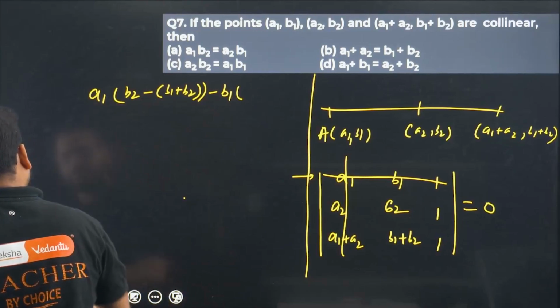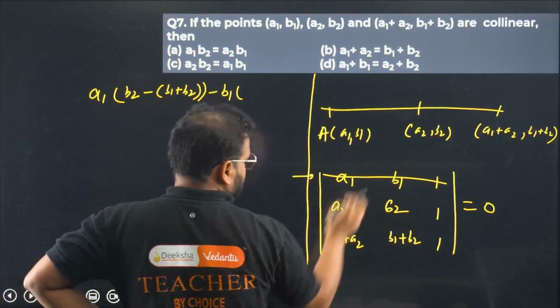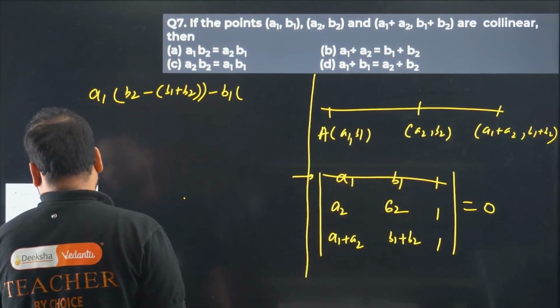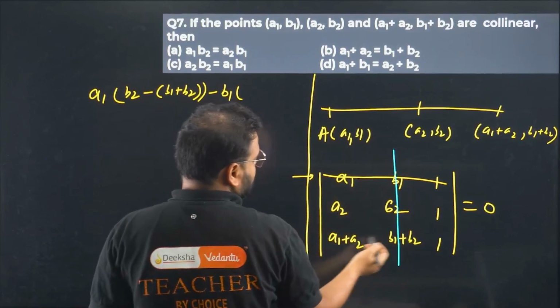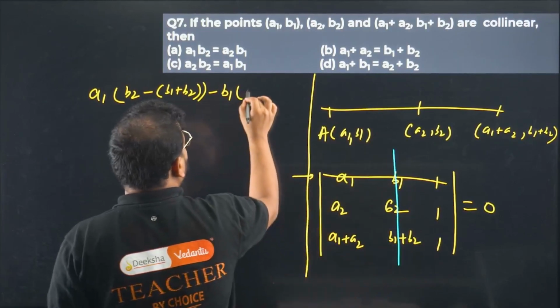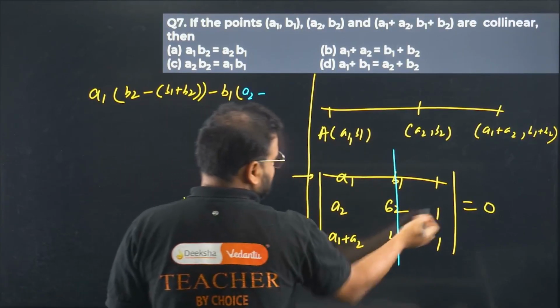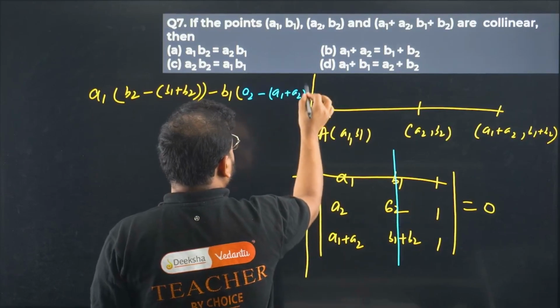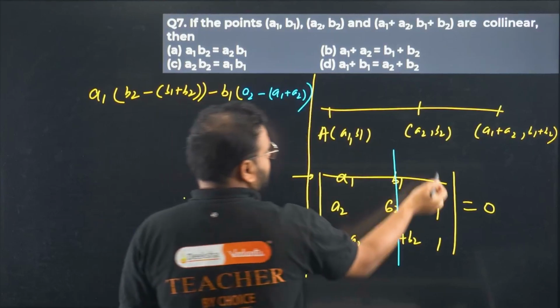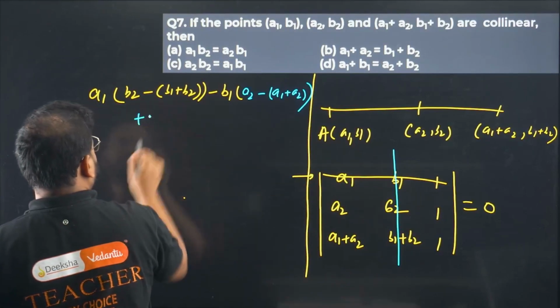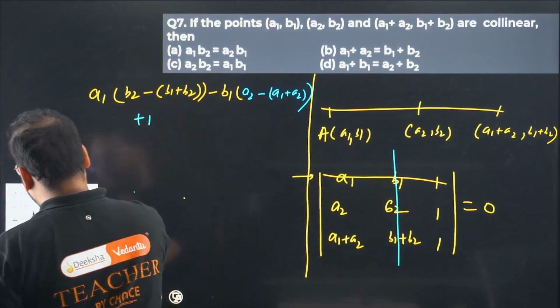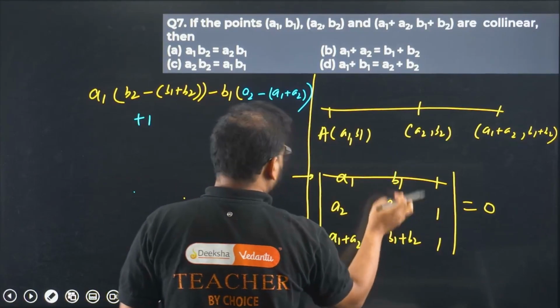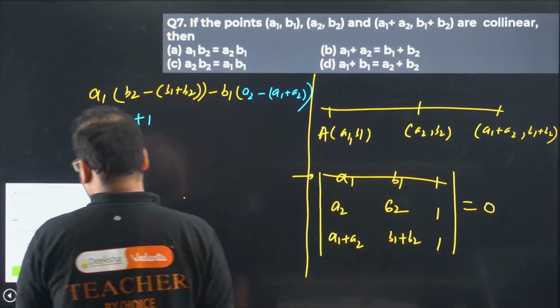This time we have to erase the second column. In this case we have A2 into 1, simply A2, minus A1 plus A2. Last one is your plus 1. You have to cancel the second row and the third column.